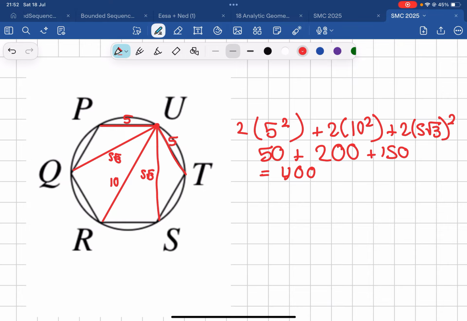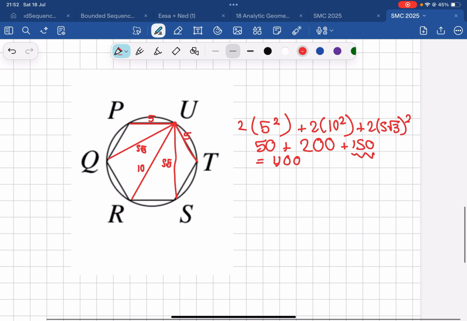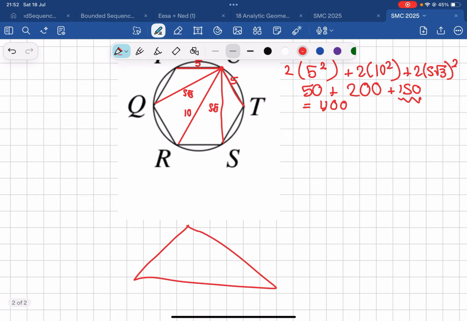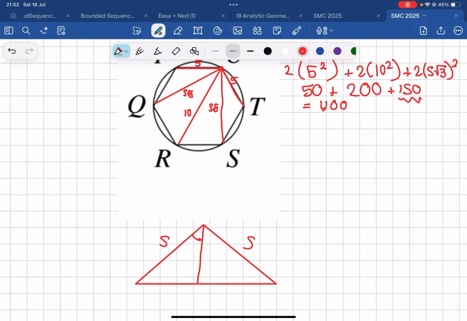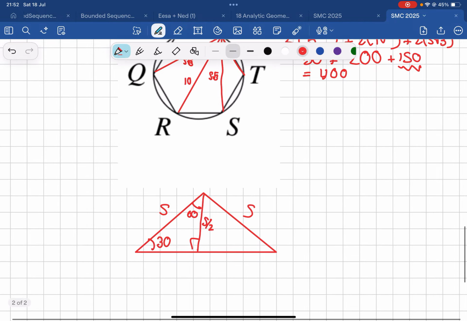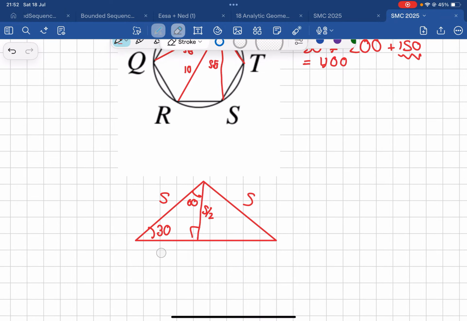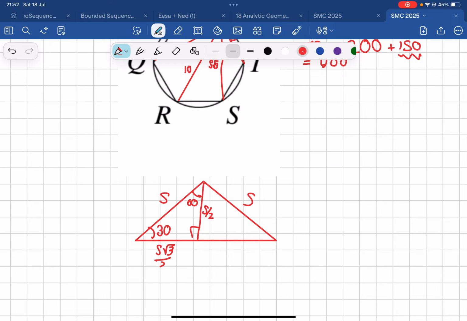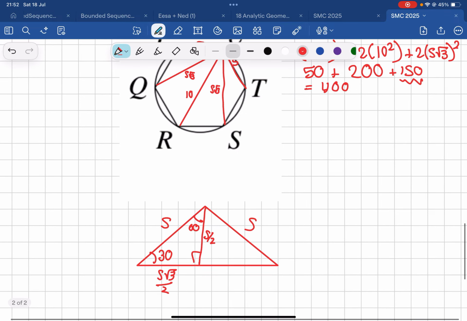And I found that this is wrong, so we made a mistake somewhere. I think this value here is wrong, so that means we've calculated this side length incorrectly. Why is that? Well, let's take this isosceles triangle to the side. We had 5 here, 5 here. We had 60, we had 30, 5 over 2. We have 5 root 3 over 2. So then we had 5 root 3 in total.